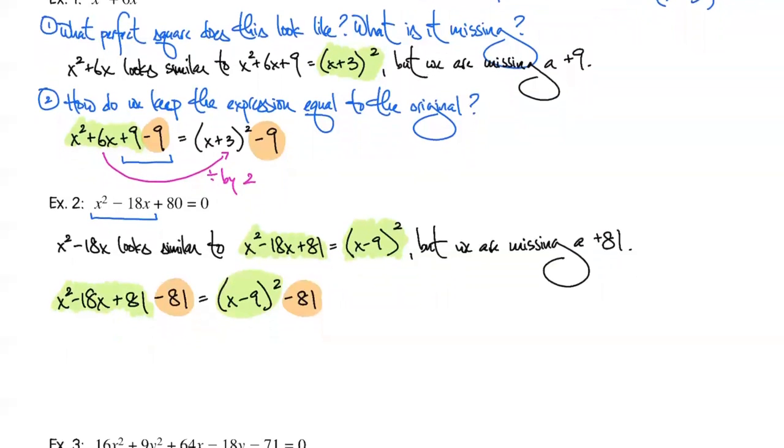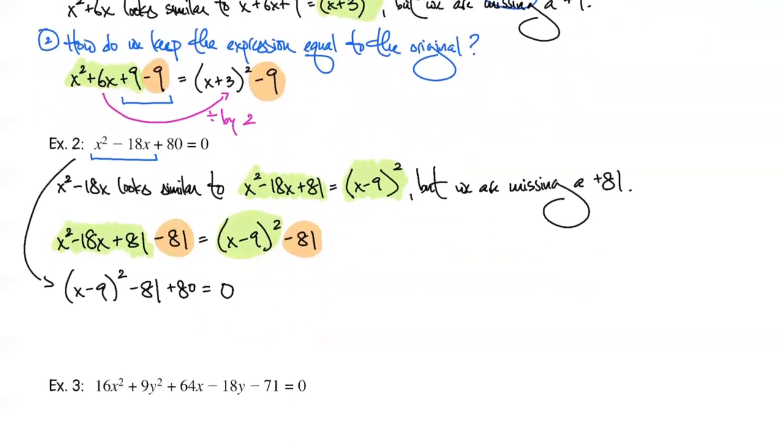Okay. Now, if we put this all back into the equation, we'll get x minus 9 squared minus 81 plus 80 equals 0. x minus 9 squared minus 1 equals 0.